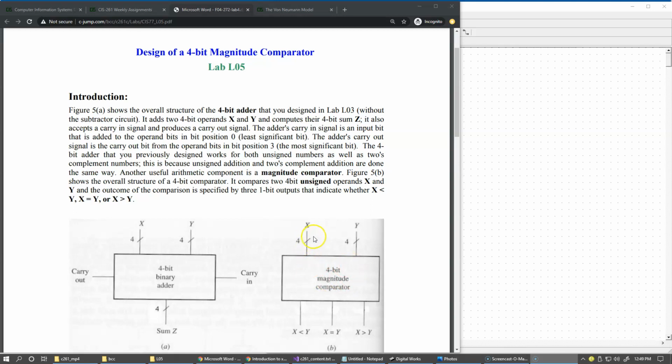We're going to supply 4 lines for 2 inputs X and Y, or A and B, and then build a circuitry which will compare these 2 inputs as unsigned numbers, and then provide the results such as whether X is less than Y, equal to Y, or greater than Y. So we're going to create a device with 3 outputs that will indicate these 3 conditions.